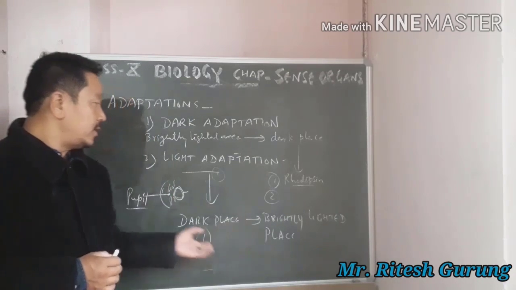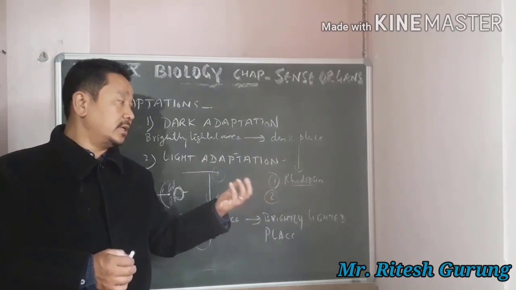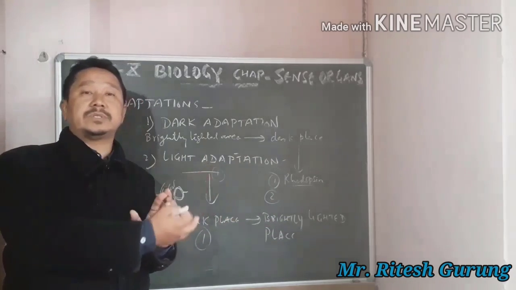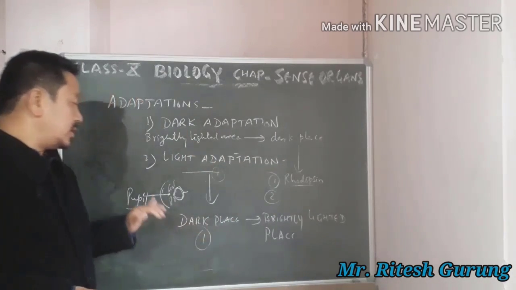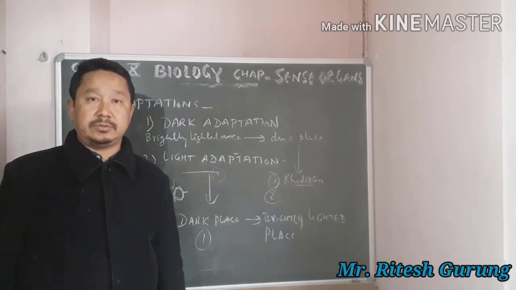That way you adjust in the brightly lighted area after some time when you suddenly come from the dark place. This is called light adaptation.